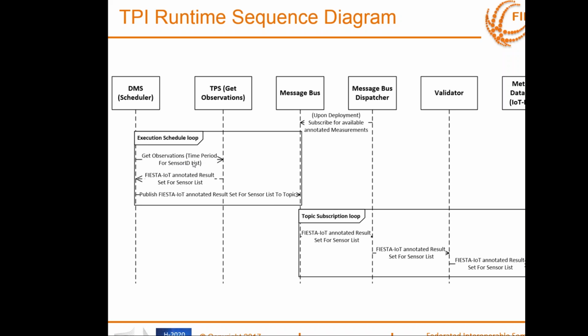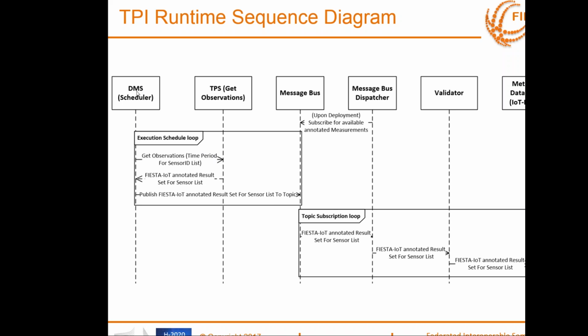The step is to send a request to your testbed, to the TPS services that you expose, with a time period if you configure get observations, or you can also configure it to get the last observation. So we send you the sensor list, and you need to reply with a document with the annotated measurements of the defined sensor list that we sent to you.